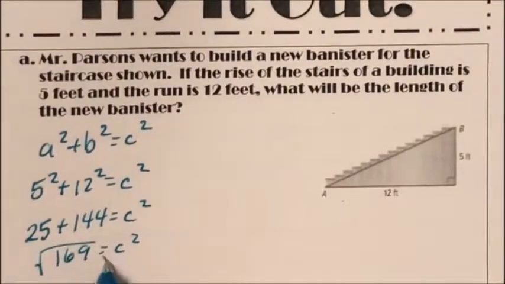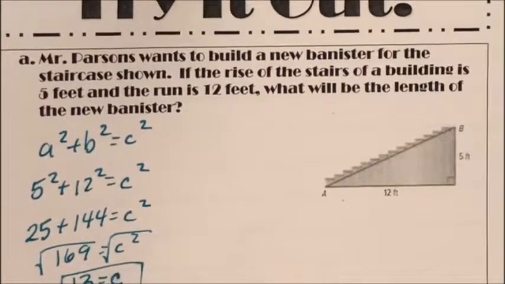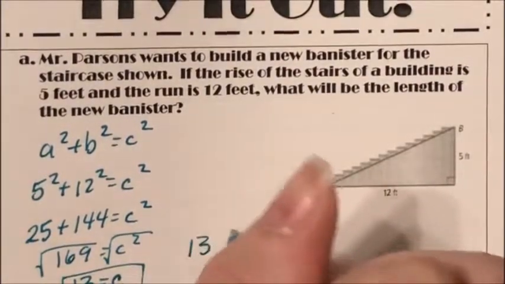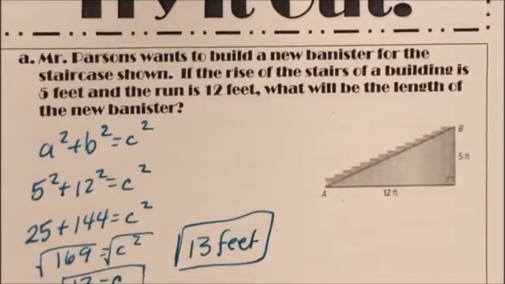I take the square root of both sides. So 13 equals C. So 13 feet is the length of my banister.